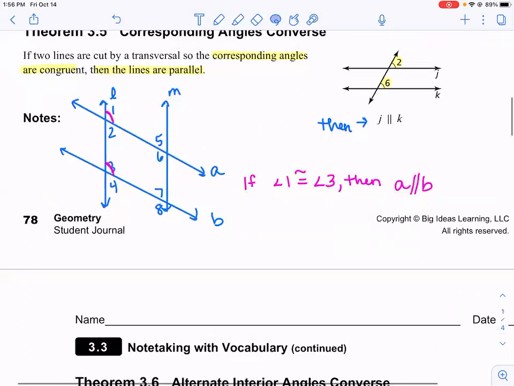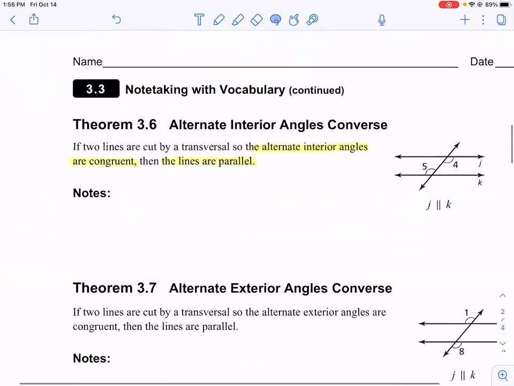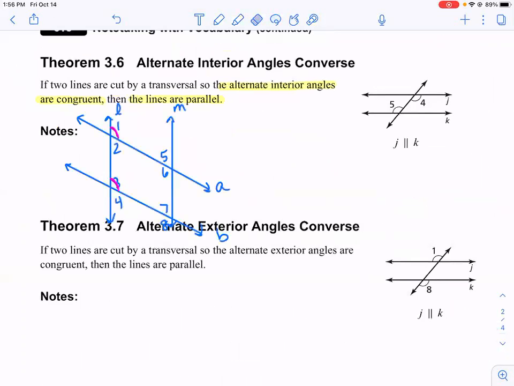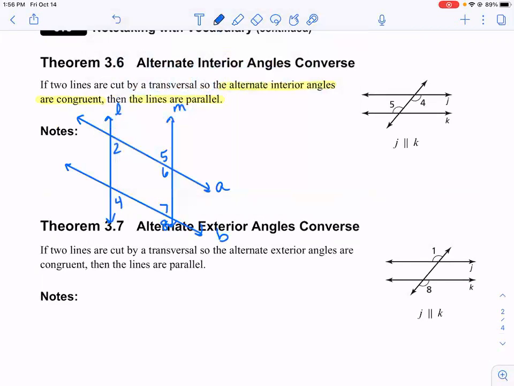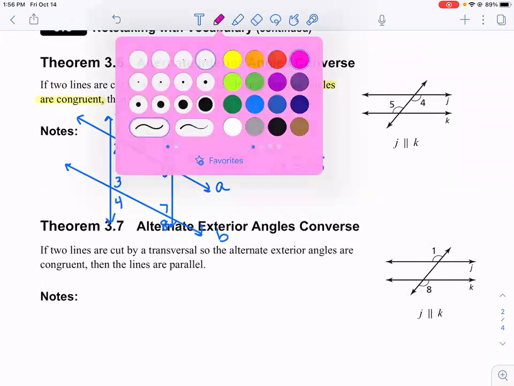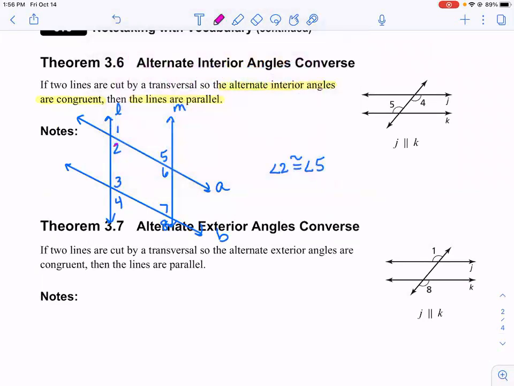Just watch me. If I said that angle 2 was congruent to angle 5, that's this guy and this guy.